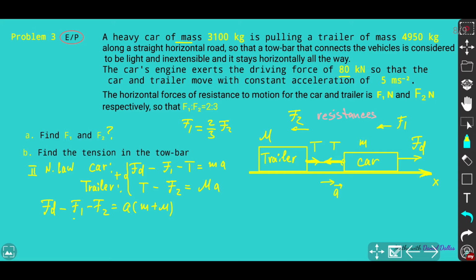Okay, so that's why I'll show you how to get the general formula for F1 and F2, and then we just plug in the values. All right, so we plug in instead of F1 this expression in terms of F2, and finally we'll get driving force minus a times m plus m is going to be equal to, and if we plug that in, we'll get 2/3 F2.